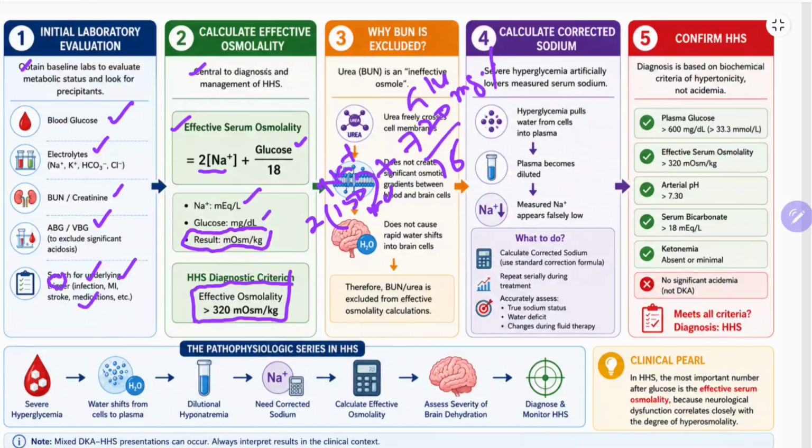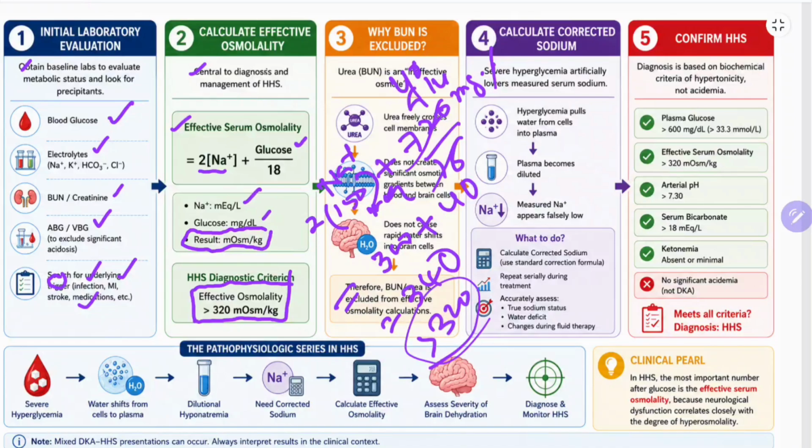So 2 times 150 is 300, plus 720 divided by 18, which is 40. 300 plus 40 is 340, which is more than 320. That means the patient is in a hyperosmolar state. So this is an example just to calculate: 2 times sodium concentration in milliequivalents per liter plus glucose concentration in milligrams per deciliter divided by 18.